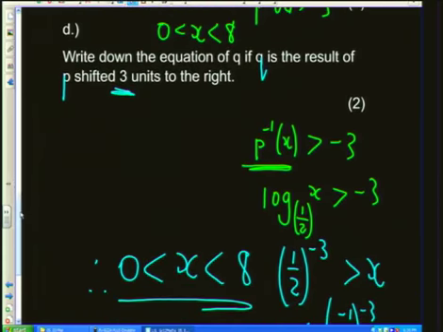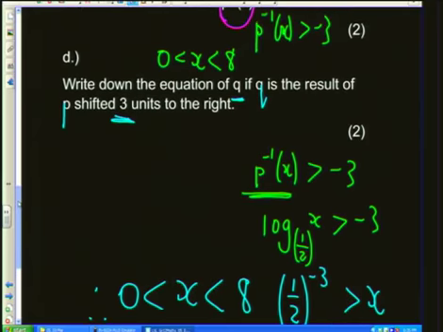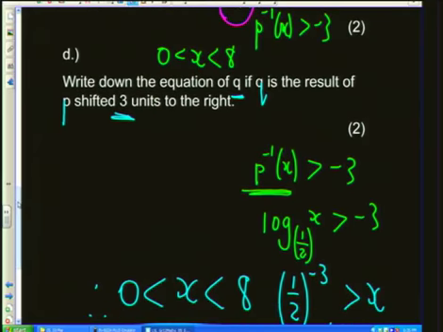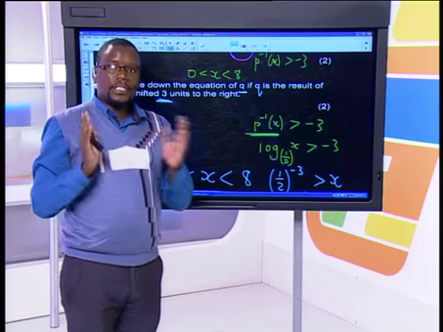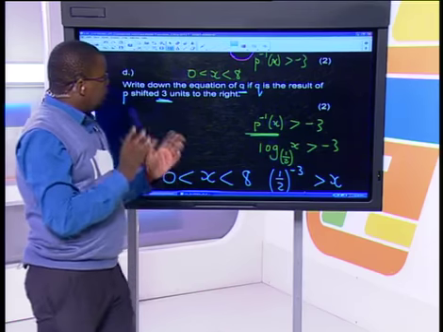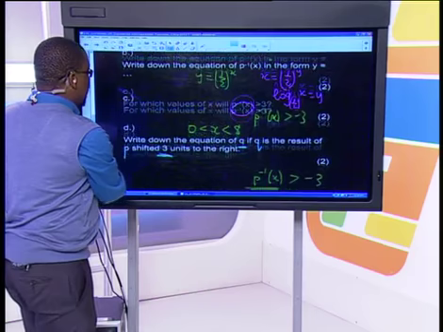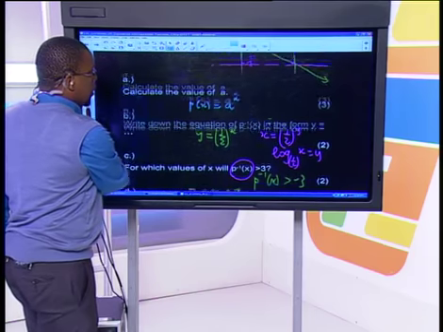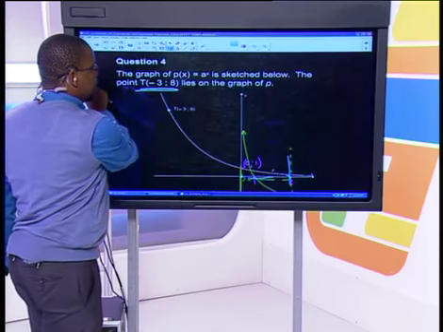Next, write down the equation of q if q is a result of p shifted 3 units to the right. Now, remember, if you shift to the right, you minus, shift to the left, you add. So on the x, where is p?